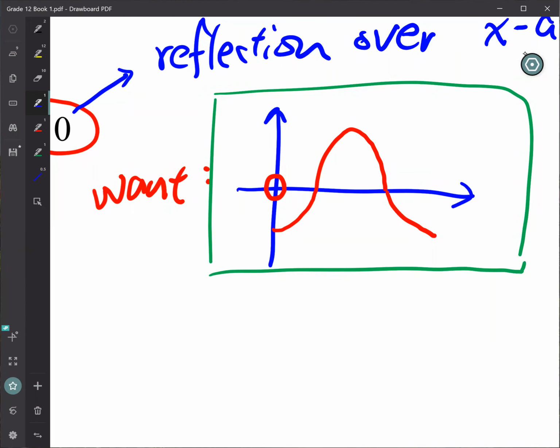And the y-axis has to go through the lowest point of the cosine, right? The first point has to be on the y-axis, and the first point is the lowest place. So that's where your y-axis should go through.